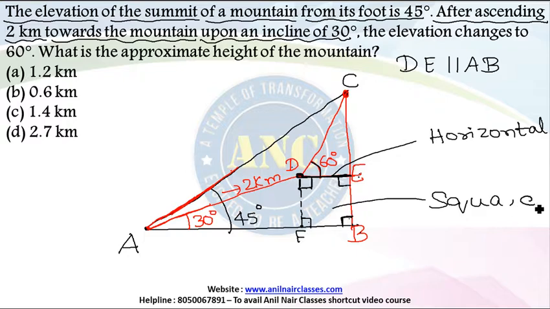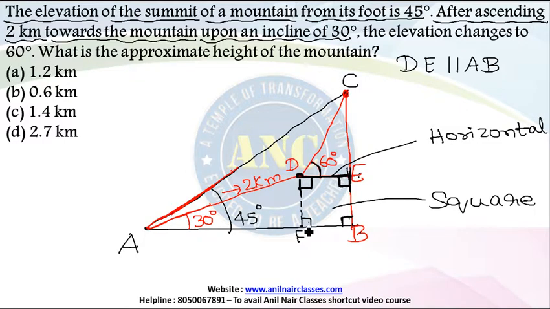Sir, how did you prove that it is a square? I am repeating one more time. From this point D, I am drawing a horizontal to draw this as 60 degrees. From there I am drawing a vertical line. That means these two are 90 degrees. These two also will be 90 in that case, because this line is the vertical line.